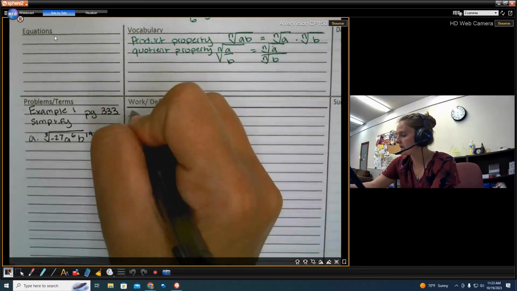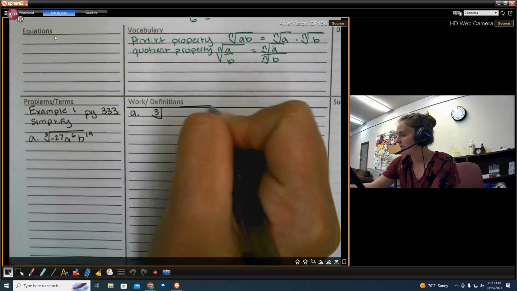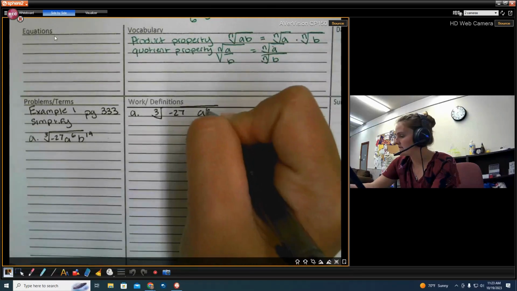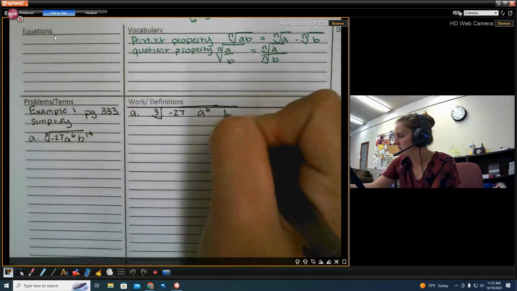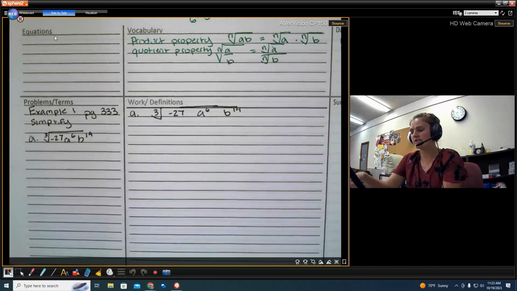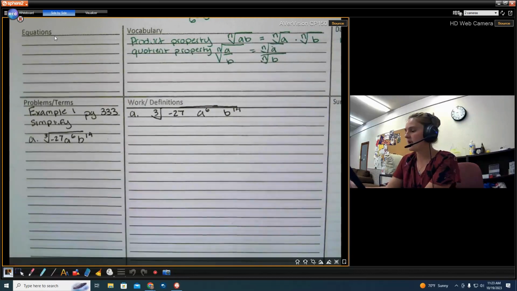Okay, and we're going to write that over here. A, cube root, and I'm going to space them out a little bit over here. Negative 27, a to the 6th, b to the 14th. Okay, I spaced them out just because my factor trees can get kind of messy.